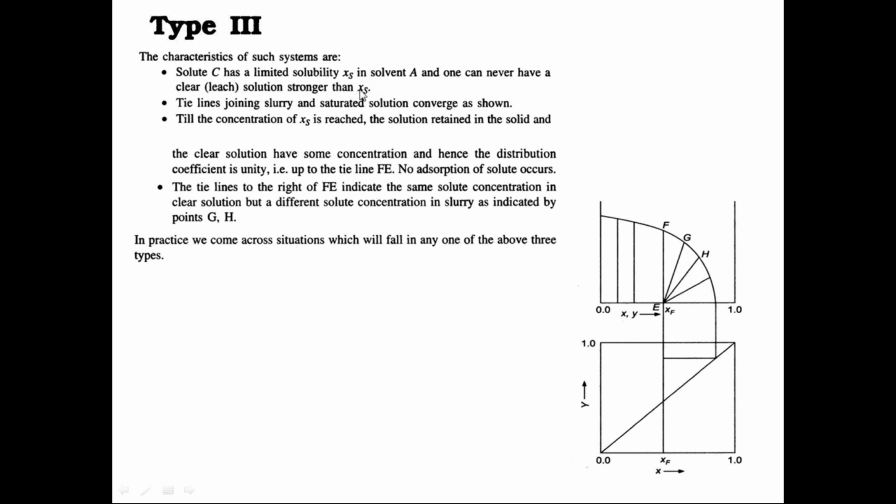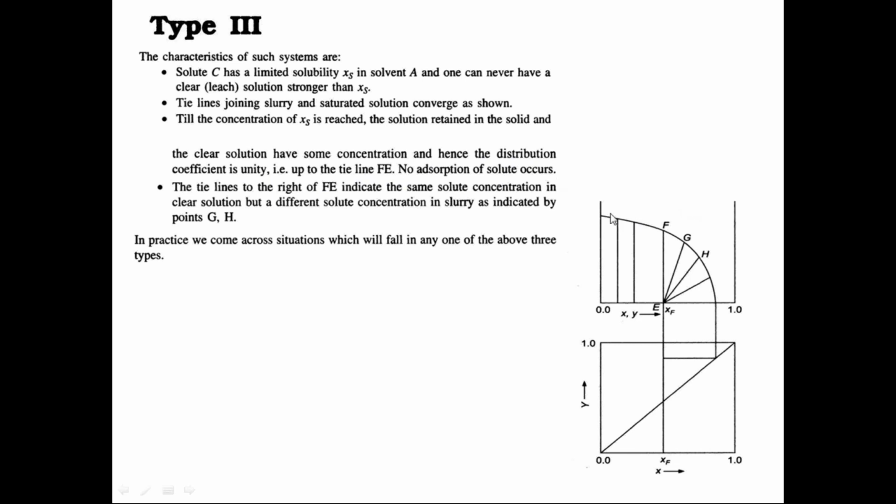So the value will always be lesser than or equal to the excess. The tie lines joining the slurry and the saturated solution converge as shown. They converge like this at XC. Till the concentration of XC is reached, the solution retained in the solid and the clear solution have the same concentration, and hence the distribution coefficient is unity up to the tie line FE. No adsorption of the solute occurs.